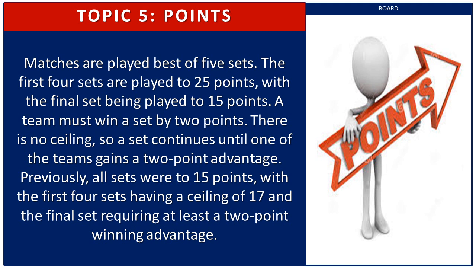There is no ceiling, so a set continues until one of the teams gains a 2-point advantage. Previously, all sets were to 15 points, with the first 4 sets having a ceiling of 17 and the final set requiring at least a 2-point winning advantage.